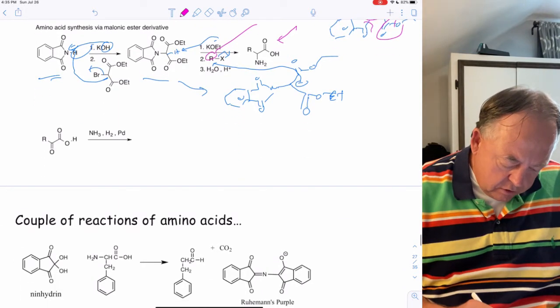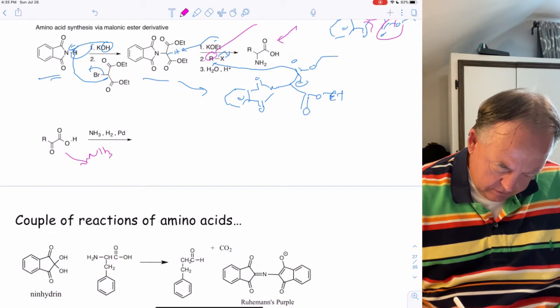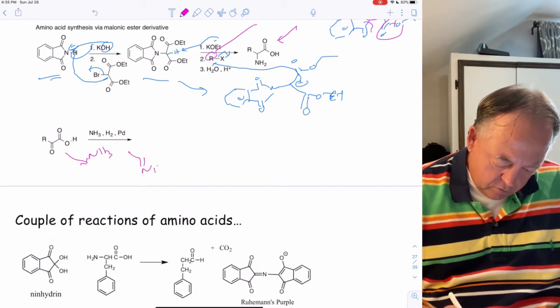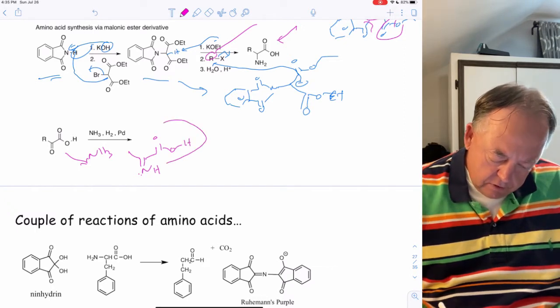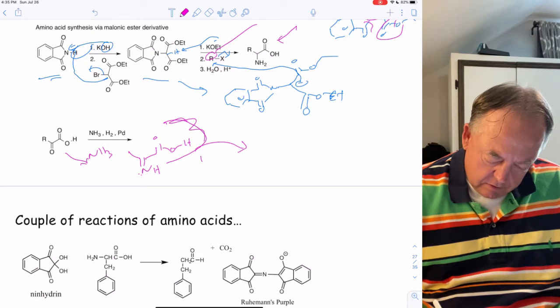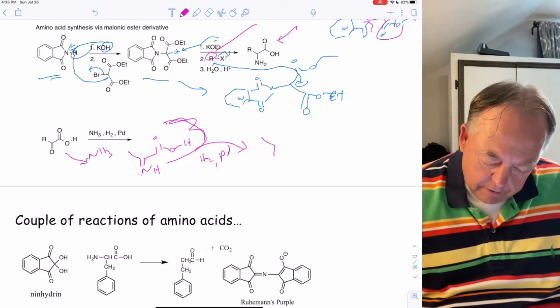Or this one is similar. If you react this with ammonia, then you can form that imine. Then if you do hydrogenation, you get that H and H across the carbon-nitrogen double bond.